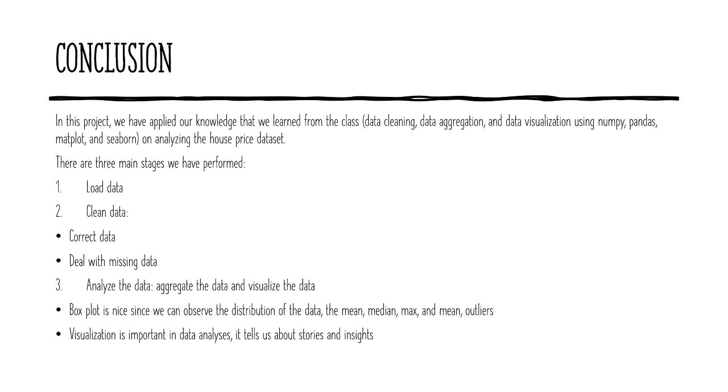In the second stage, the main stage, we apply some analysis methods on the dataset. We do data aggregation and we do visualization. Some key takeaways are that the box plot is nice, since we can observe the distribution of the data, the mean, the median, the max, the min, and the outliers.